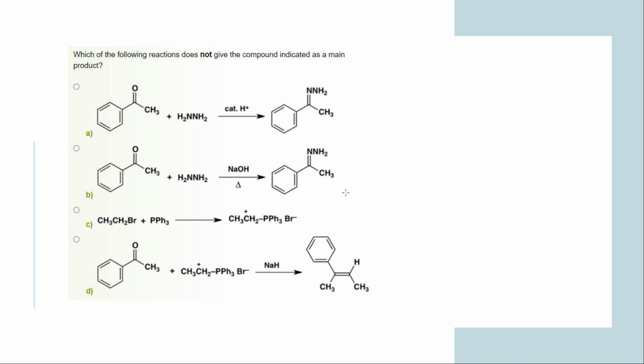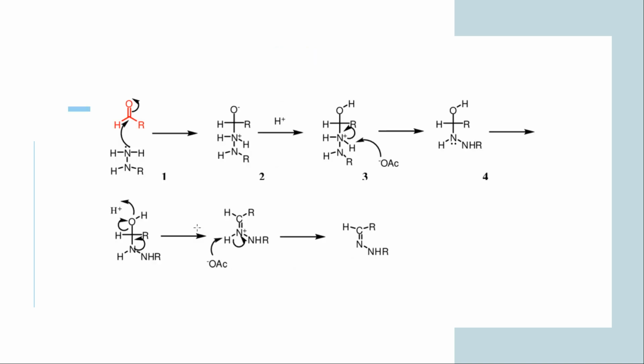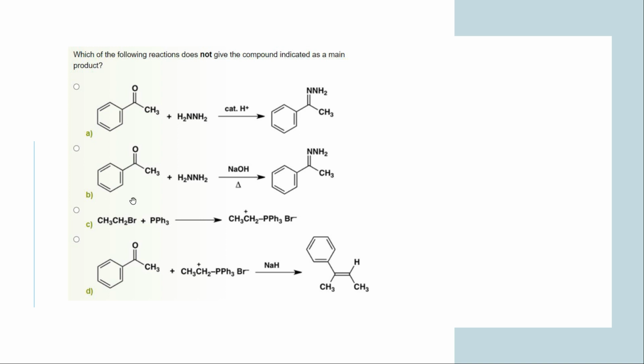But when we looked at the mechanism of hydrazone formation, in the third last step, you were getting oxonium ion formation by picking up a proton from acid in the medium. So if you do not have acid in the reaction condition, how will you get hydrazone? Isn't it?